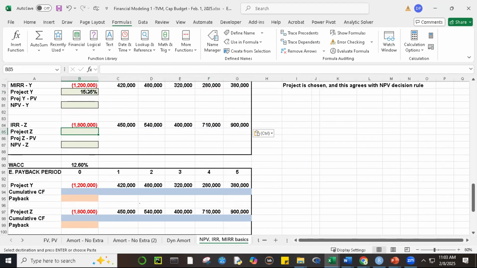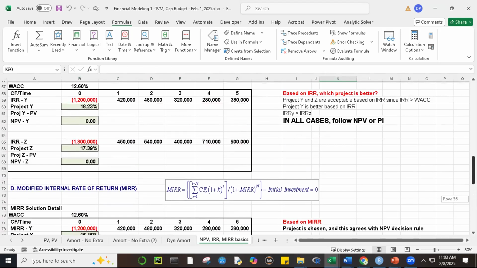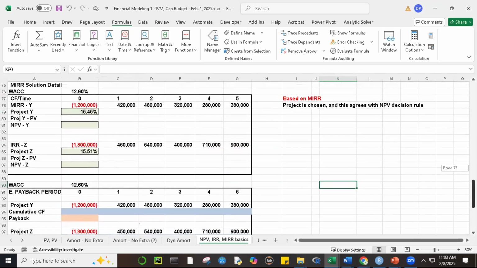I think I can copy this. Control C, Control V. Okay, so 15.51. Now what do we notice? The IRR of project Y is greater than your project Z. But the MIRR, modified internal rate of return, is higher for your project Z compared to your project Y.